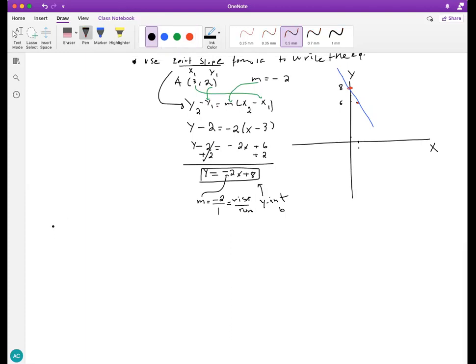So let's do some examples here. I'm going to write an equation for each line.